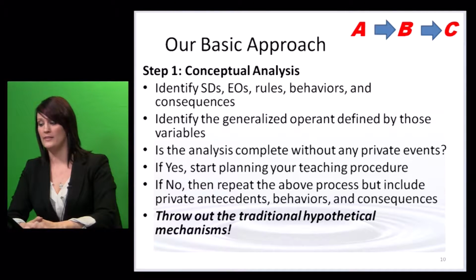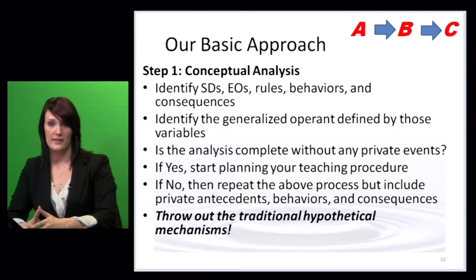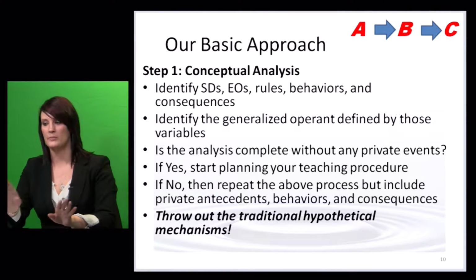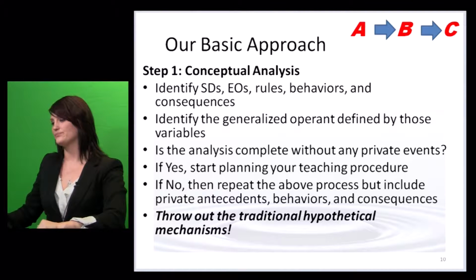If the answer is yes, we will start planning and teaching the skill to the child. If no, then we will repeat this analysis and the process above to include private antecedents, behaviors, and consequences. Then at the end of this, we want to throw the traditional hypothetical mechanisms away completely out of our process.